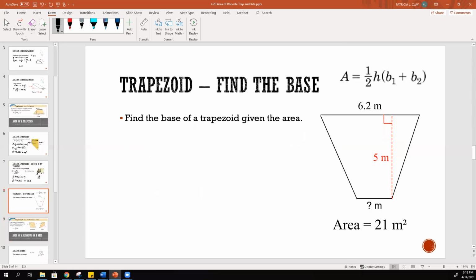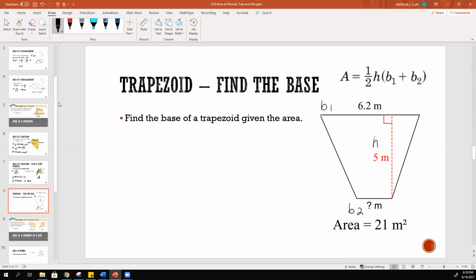All right. Now for the next trapezoid, we need to find the base. This time, we're given the area and we need to find the base. So we can say this is base 1 and this is base 2. This goes upside down. Well, and we know 5 meters is the height. So there's our formula up top, but we need to rewrite it. So let's plug in what we know first.